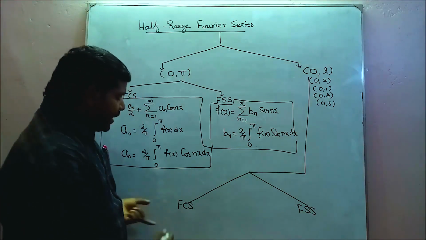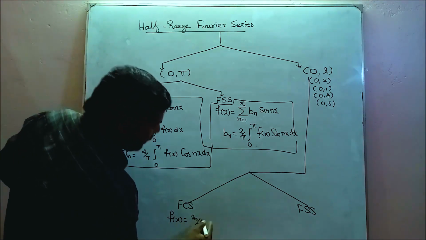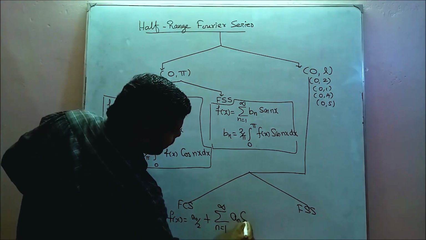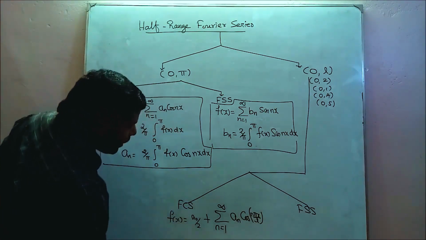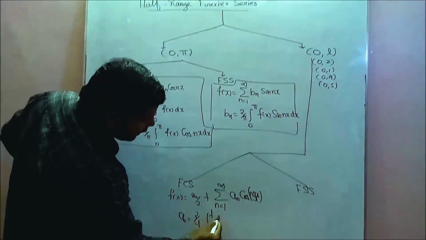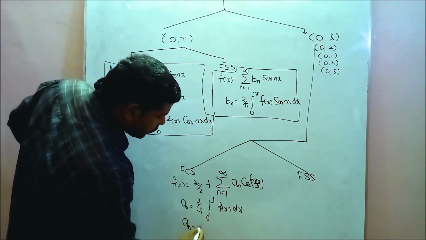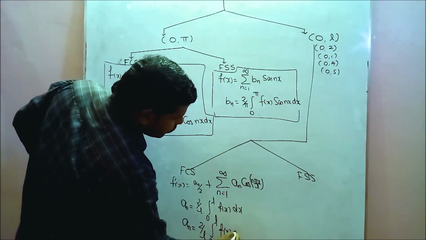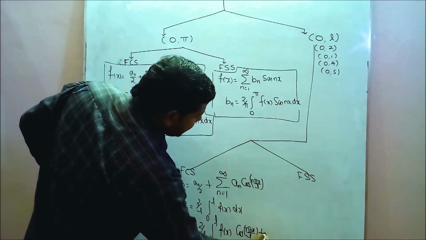For the Fourier cosine series, f of x equals a0 by 2 plus sigma n equals 1 to infinity an cos n pi x by L. Here a0 is 2 by L integral 0 to L f of x dx, and an is 2 by L integral 0 to L f of x cos n pi x by L dx.